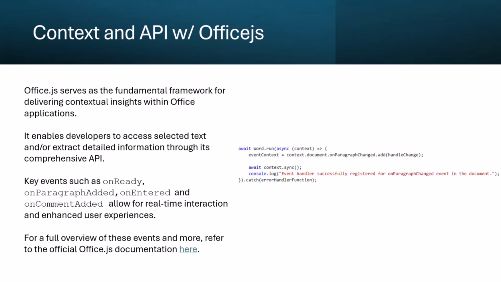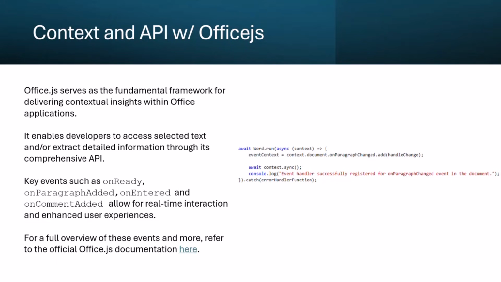Now, what's important is this all only works really when you implement the context with Office.js. So Office.js is an SDK or an API for the different Office applications. So when you run an add-in, you will get context and an SDK to interact with either the Word document, PowerPoint document, Excel document.